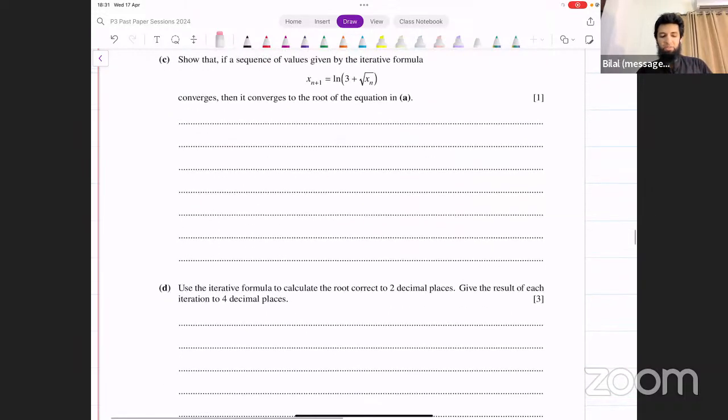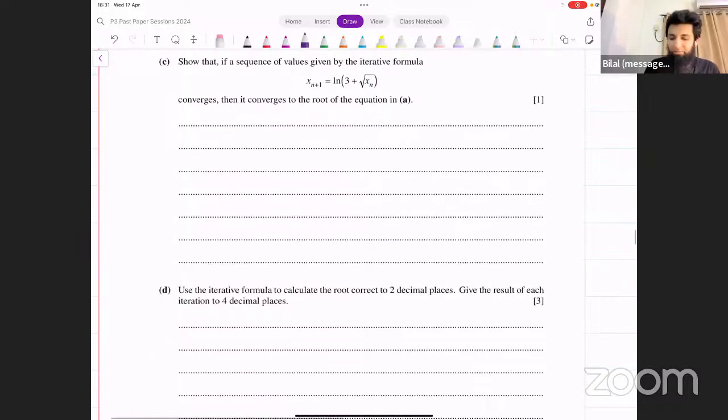Part C. Now it says show that if a sequence of values given by this iterative formula converges. Converges means that it gives you a result. It gives you an answer.